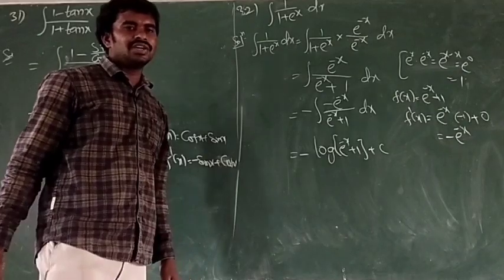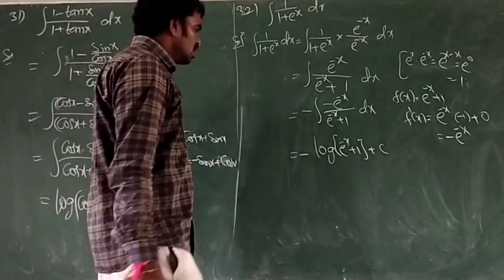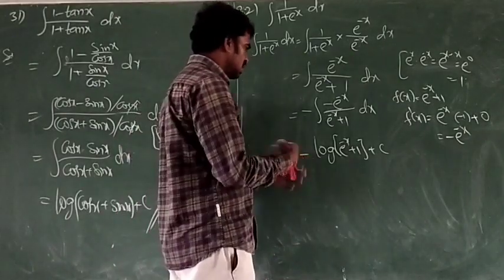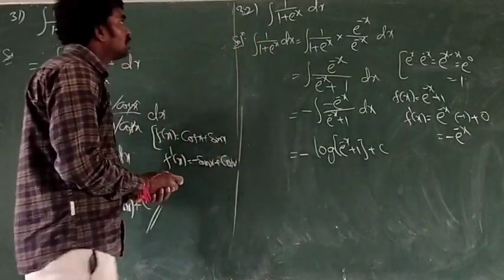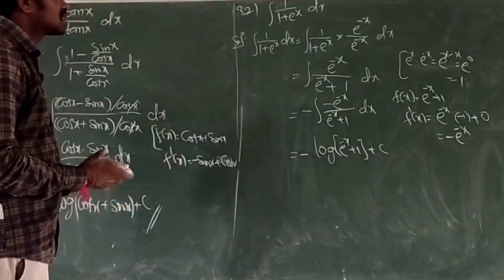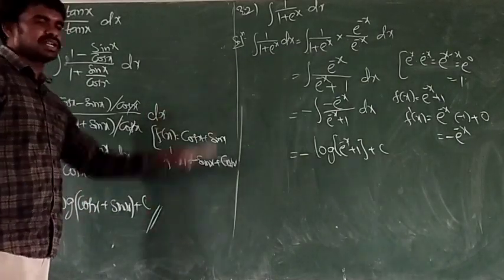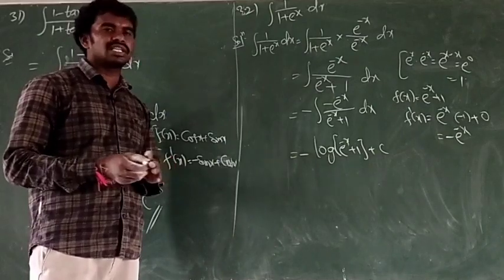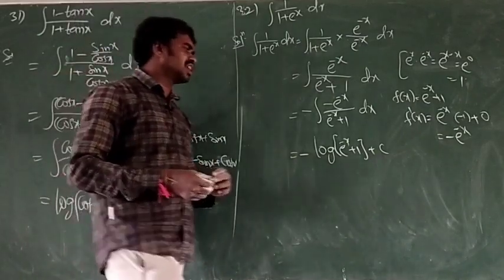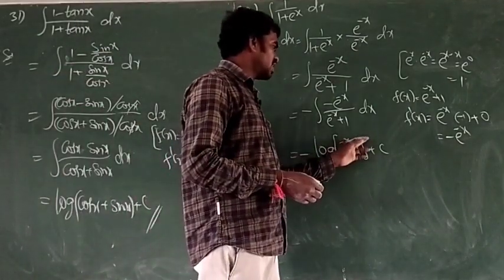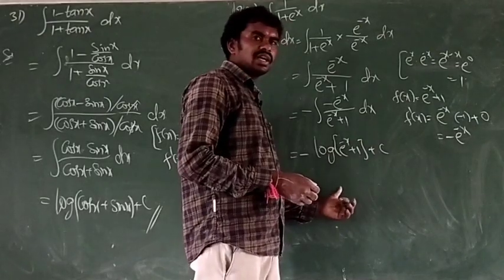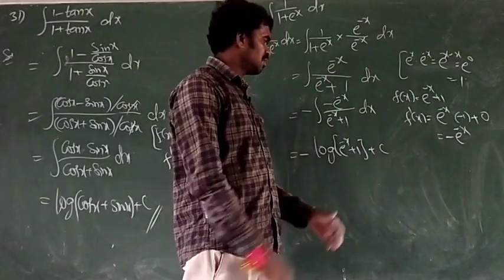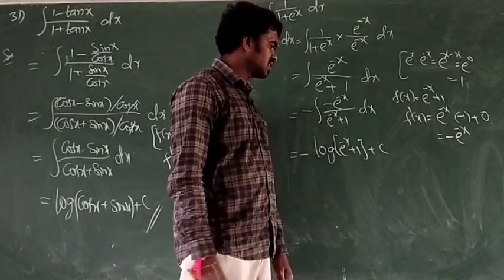This is the answer, and we can also simplify it. Check the textbook once to see whether this is the only answer. Minus goes to power minus 1, so log of 1 by e power minus x plus 1, and multiply with e power x.